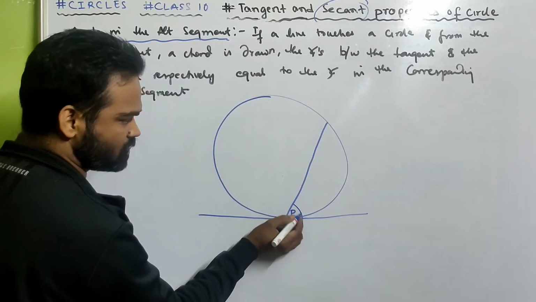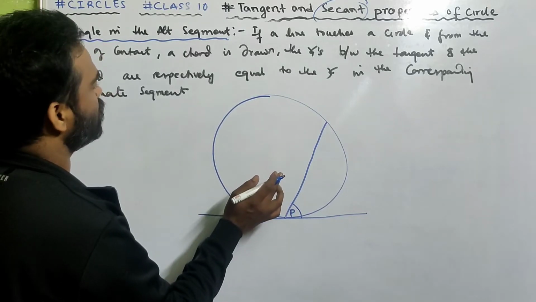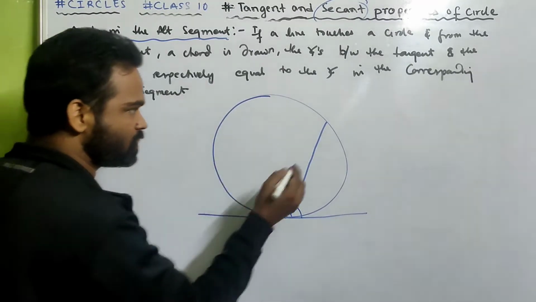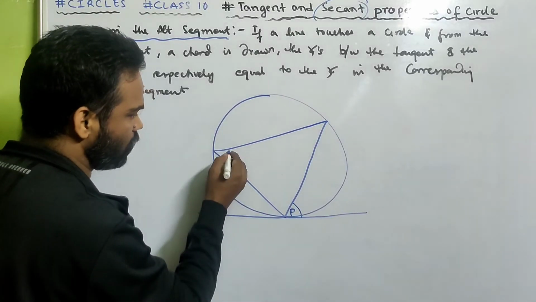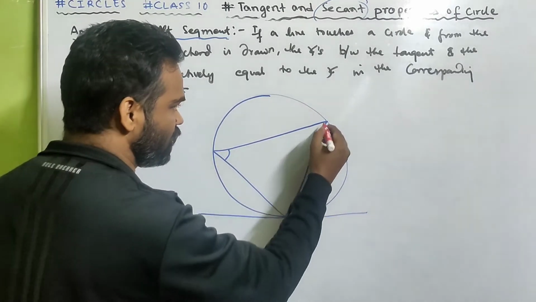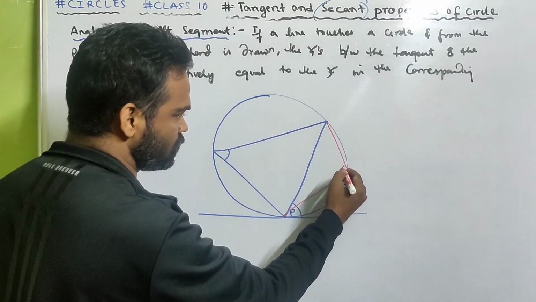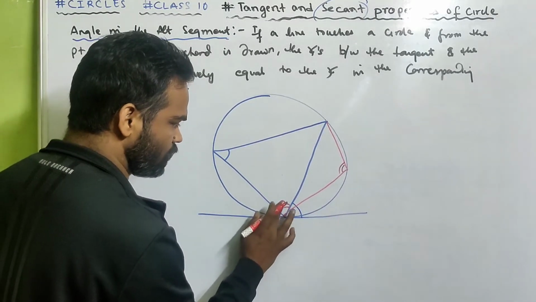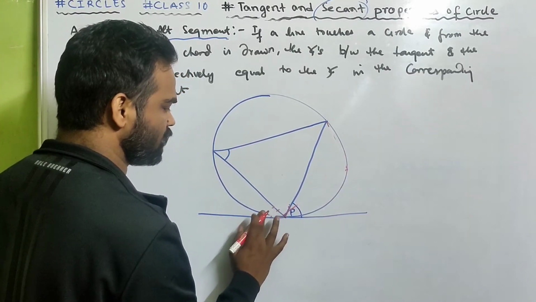This is equal to the angle in the corresponding alternate segment, which means if I form this angle in this segment, then this angle and this angle are equal. Similarly, in this segment, if I form this angle, then this angle and this angle are the same. Just remove the red one, okay? I'm taking one angle in one alternate segment only because the other one has the same proof.